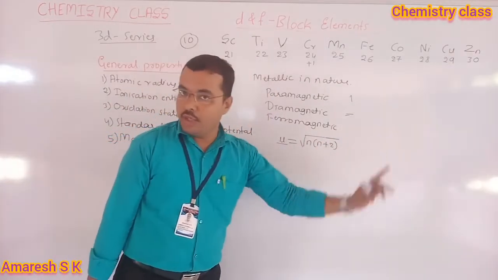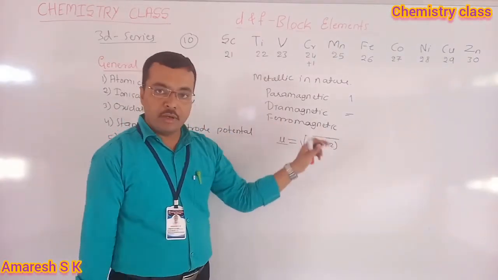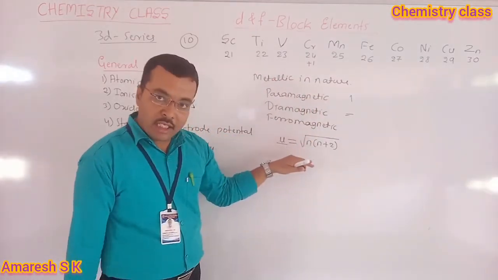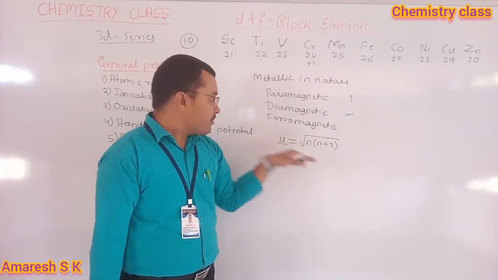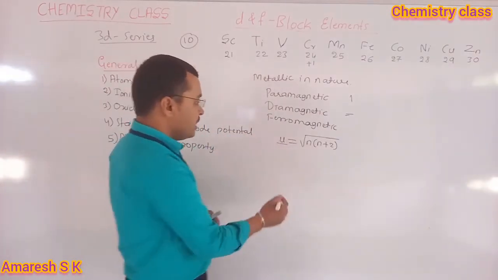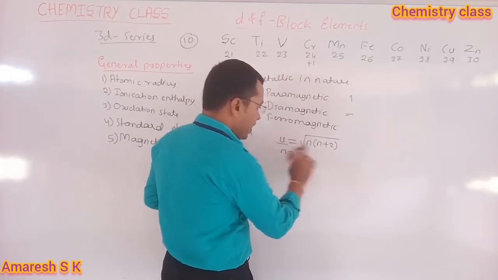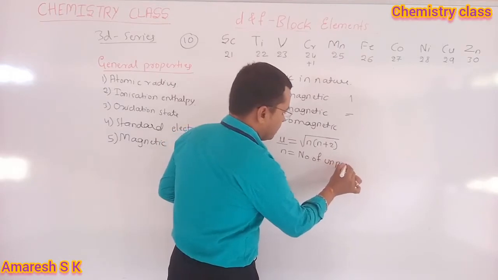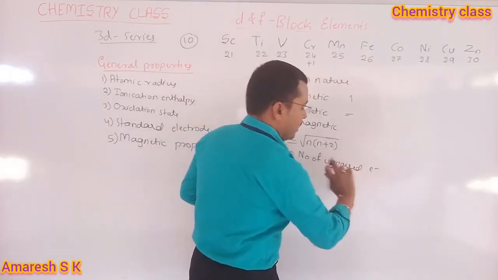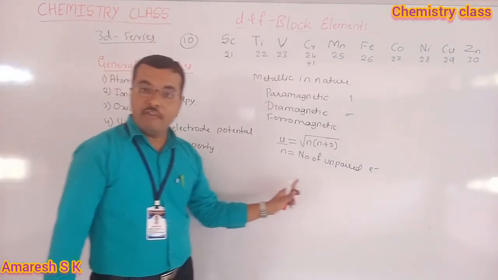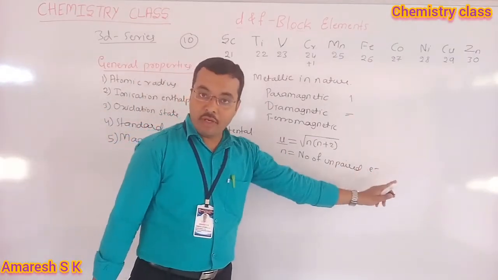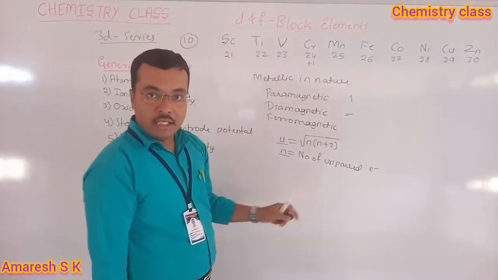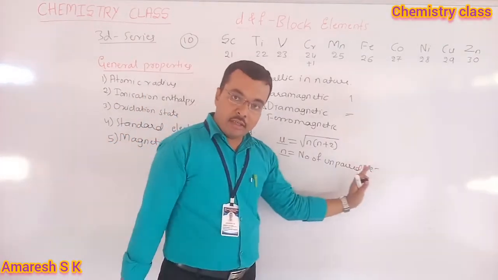By using this formula, we can calculate the magnetism or magnetic property of an element in the 3D series of elements, where n indicates the number of unpaired electrons in the valence shell. That is very important. The number of unpaired electrons in the valence shell is indicated by the symbol n.